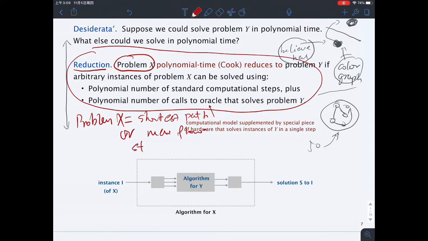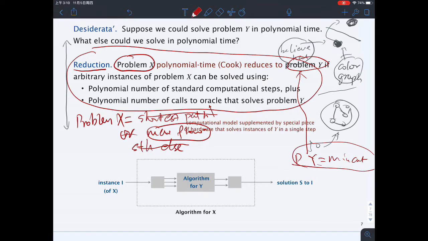At this moment, let's set problem X to be the max flow problem. And similarly, problem Y maybe is the min cut problem. At this moment, let's just assume this is our problem Y.